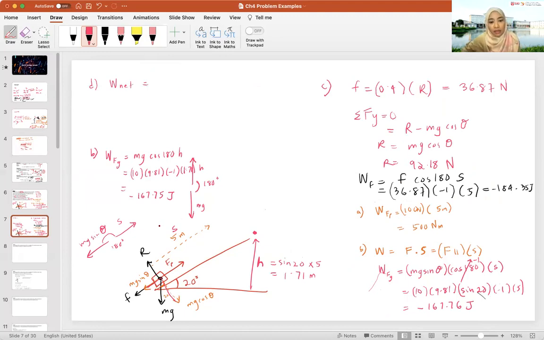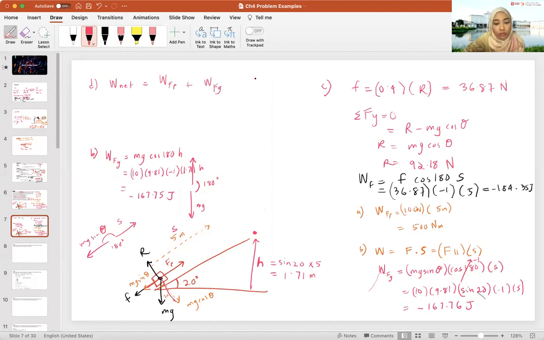What you can do is add all the work done by each force acting on this object. So we had the first work done, which is 500. That is the work done by the pulling force, and then the work done by gravitational force.